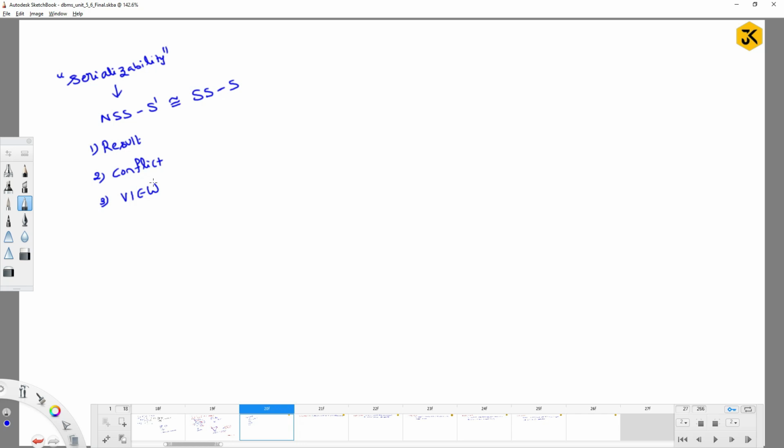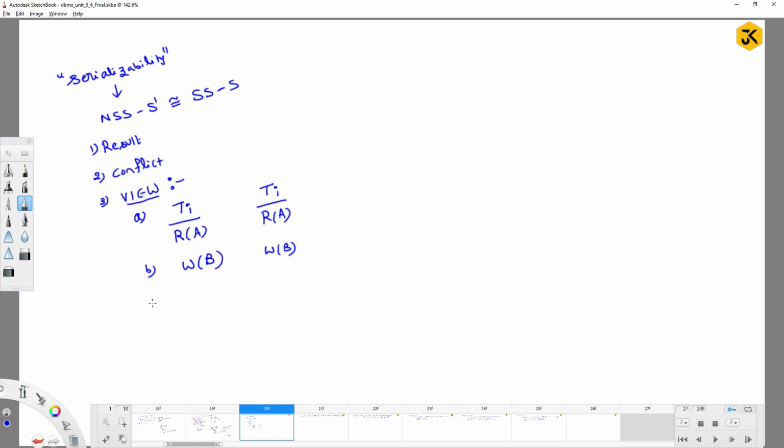When we say that a non-serializable schedule S' is equivalent to serial schedule S, it has to follow three properties. What are those? If a transaction Ti performs a read operation on data item A, then in the serial schedule also the same transaction Ti has to perform the read operation. That is the first statement. The second is, if transaction Ti performs the final write operation on B, the same transaction Ti has to perform the final write operation on B in the serial schedule also.